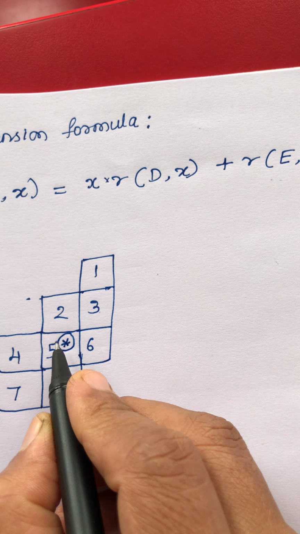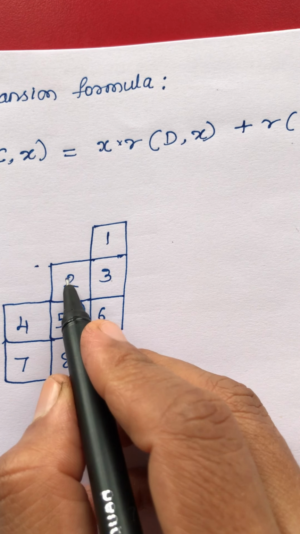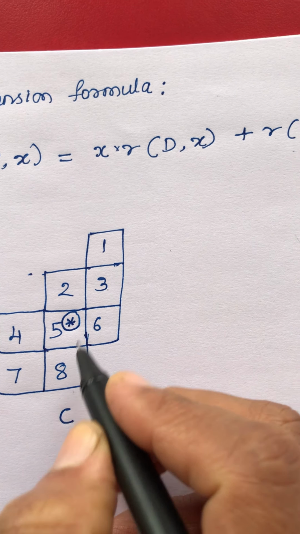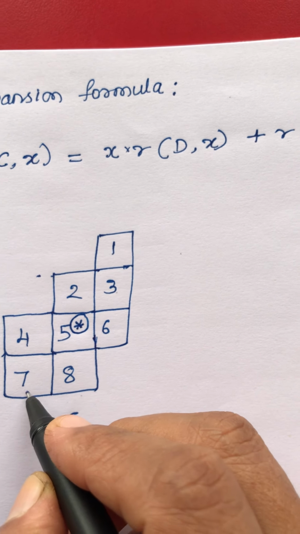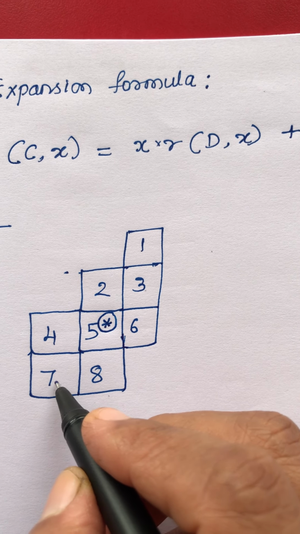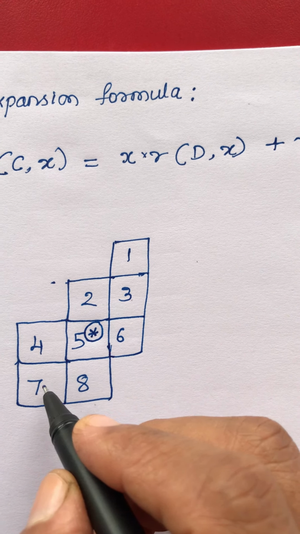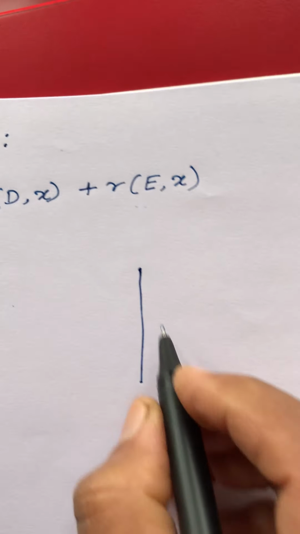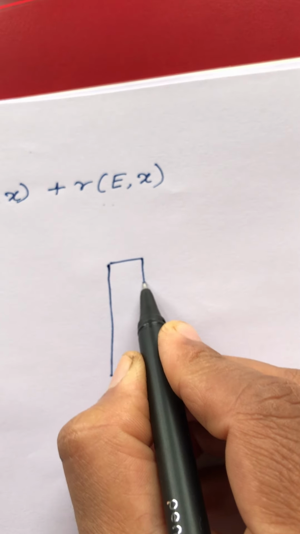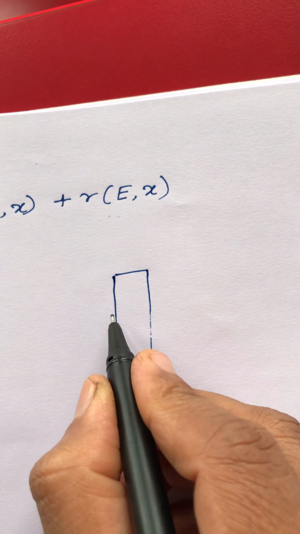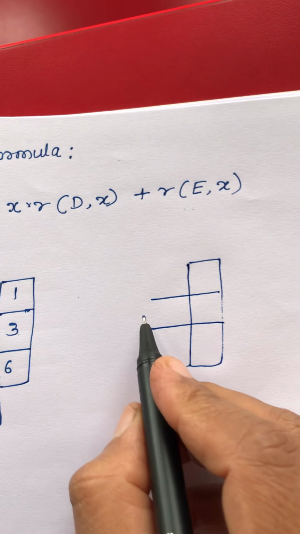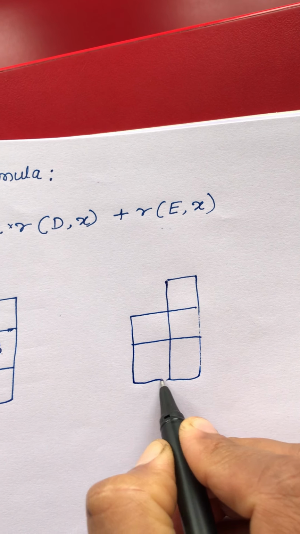So what is D now? Either you can just write 2, 5, 8, 4, 5, 6. This row and this column will go. So you can just write 1, 3, 6, 7. But if you get confused whether 7 and 6 are in the same row, same column and all that, if you feel that writing is tough after deleting a few squares, let us write the board as it is. I am writing the board C as it is.